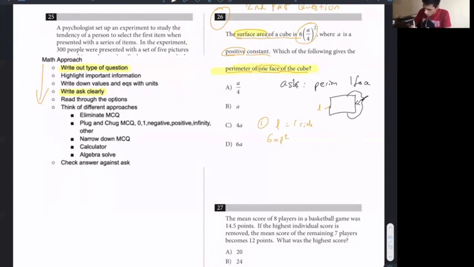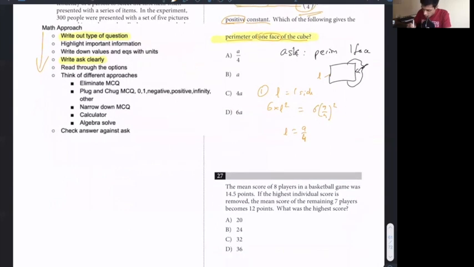If you equate this to 6A over 4 squared, then you get L is equal to A over 4. So if L is equal to A over 4, what's the perimeter of one face of the cube? It's 4L. So the perimeter equals 4L, which is equal to A over 4 times 4, which is equal to A. Therefore, the answer is A.